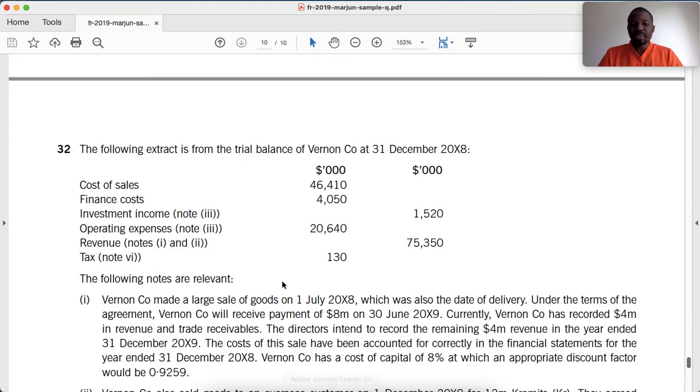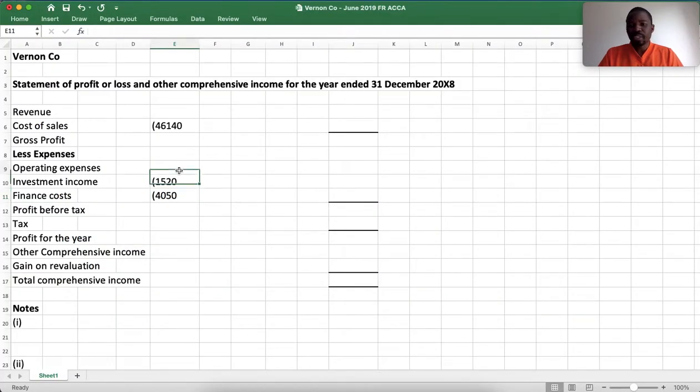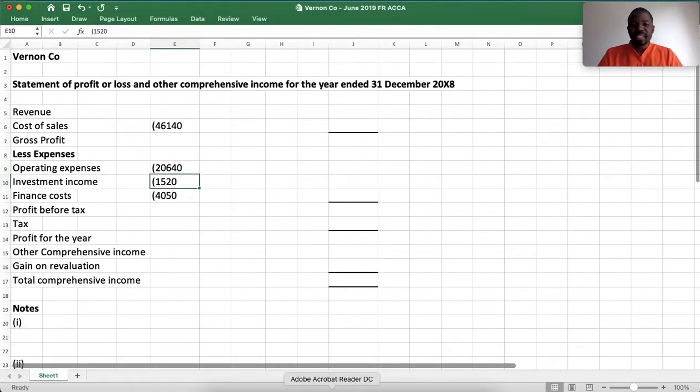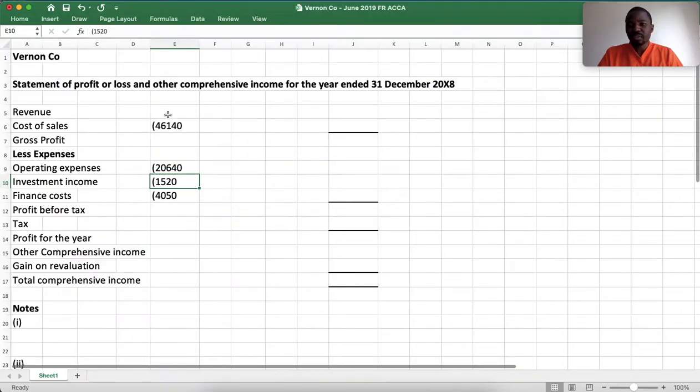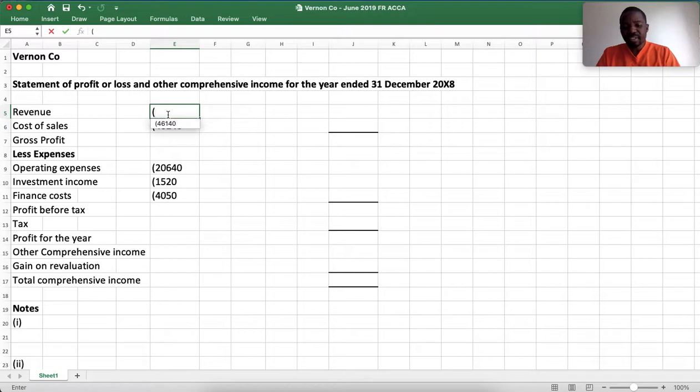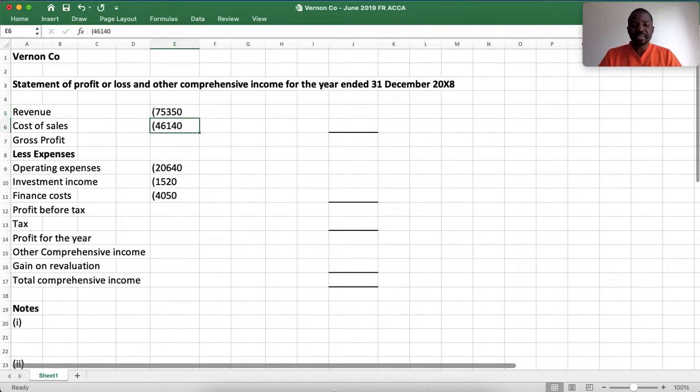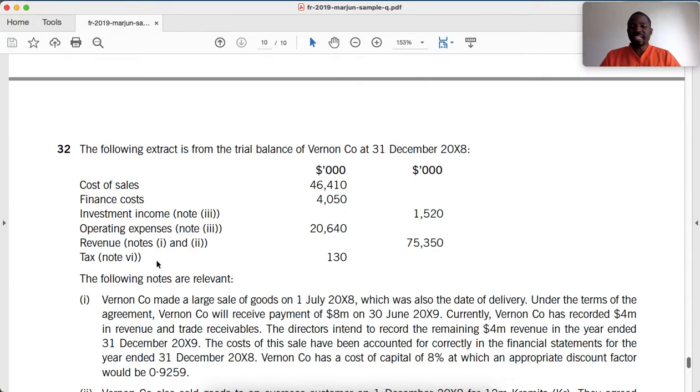Then we copy again, operating expenses 20,640. So we come to our operating expenses, 20,640. Then we come to revenue, 75,350. We put our revenue as 75,350 like that.